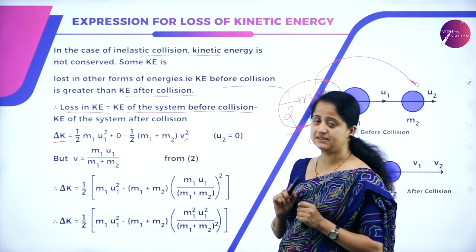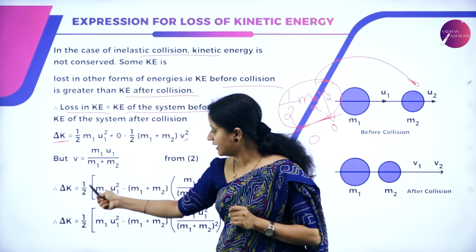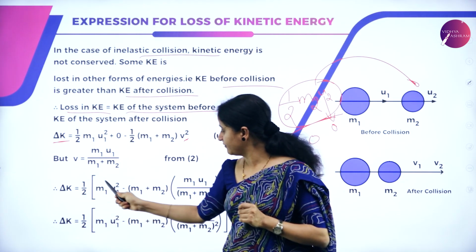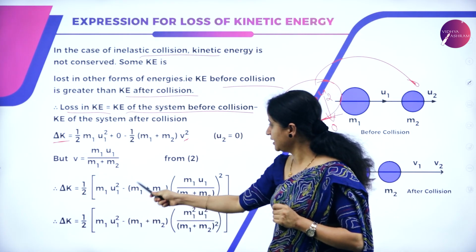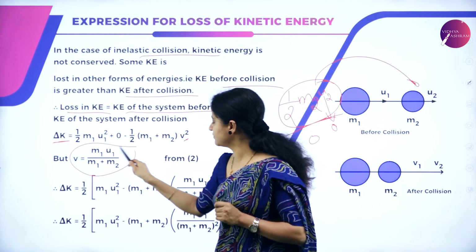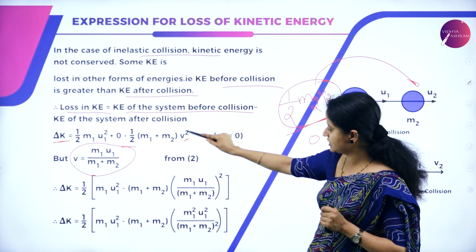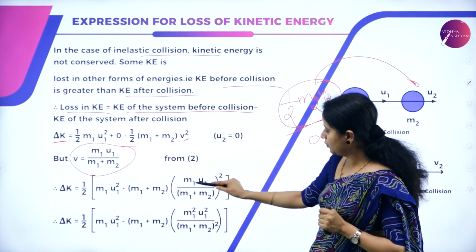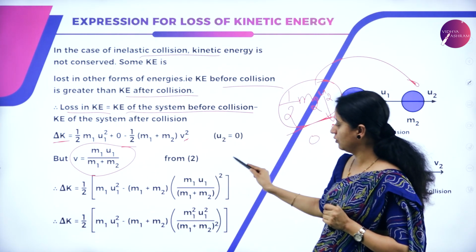Let us substitute that in this equation, and we can write delta K is equal to half, taking it common outside, m1 u1 square minus m1 plus m2, and in the place of v we substitute this value, so we have v square, that is m1 u1 divided by m1 plus m2 the whole square.